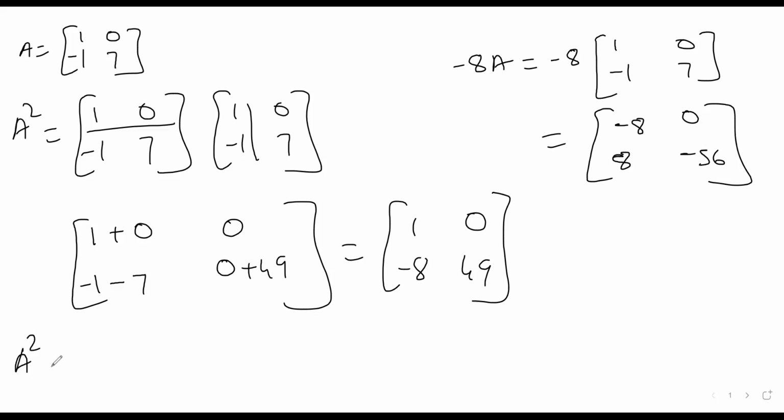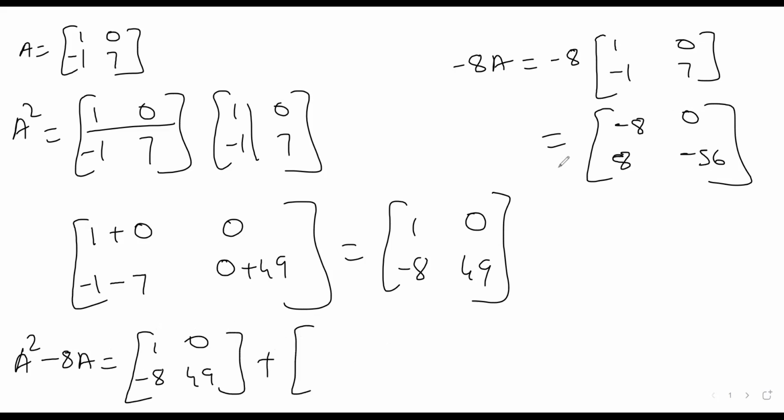Here we have already found the value of minus 8A, so this will become plus. 10 minus 849 will get plus with this value, because this is the value of minus 8A, so it is plus of minus 8A. We did not find 8A, we directly found minus 8A, so plus of minus 8A will come. So it will be minus 8 0 8 minus 56.